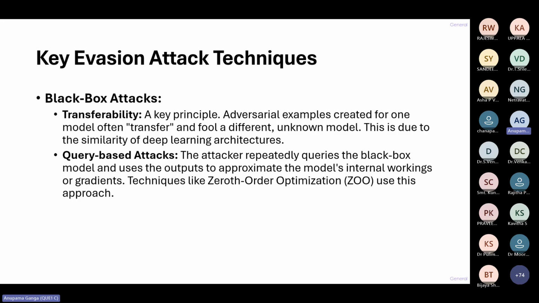Next we move on to query based attacks. By repeatedly giving queries to the black box model and analyzing the outputs, we try to understand the internal workings of the model. When we say black box, we don't know how the model works. In white box, everything is clear; we know how the model works, because it is open source code.